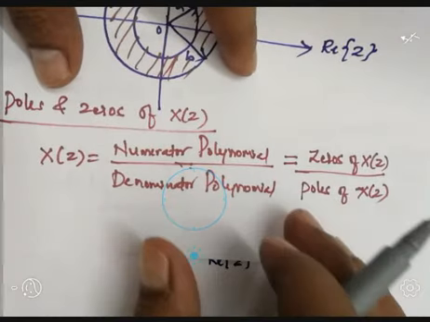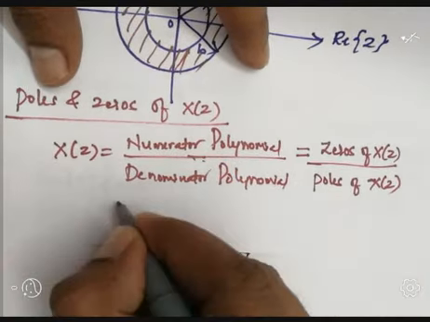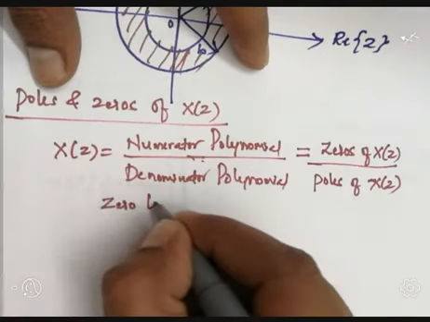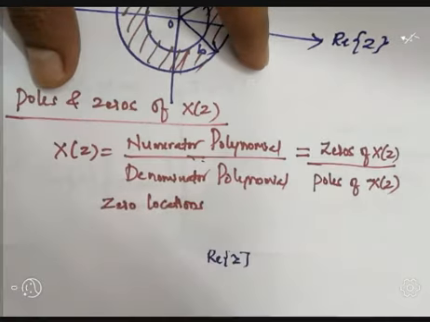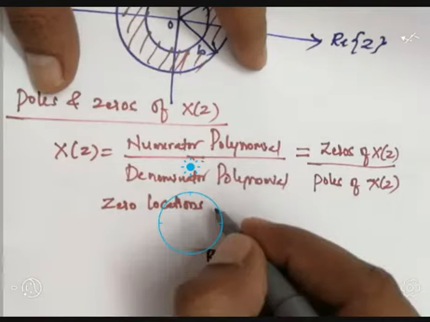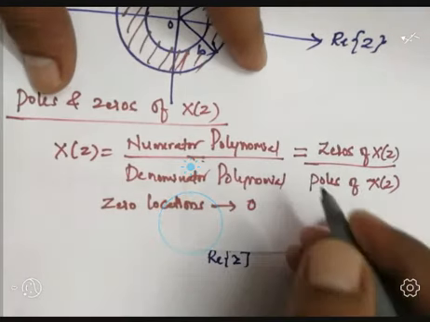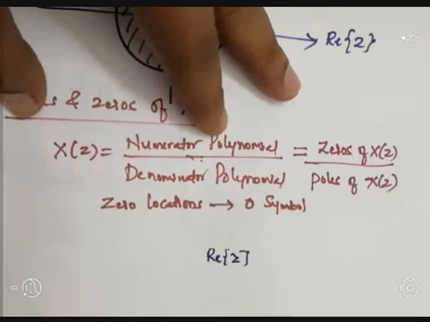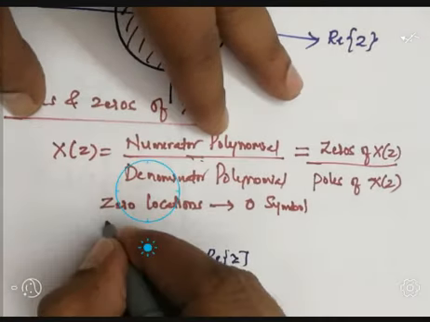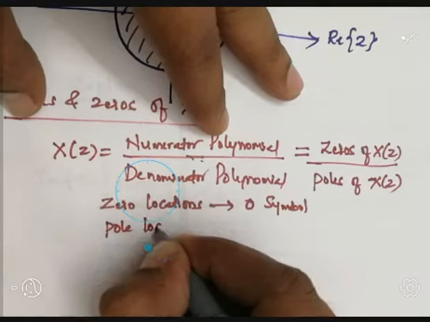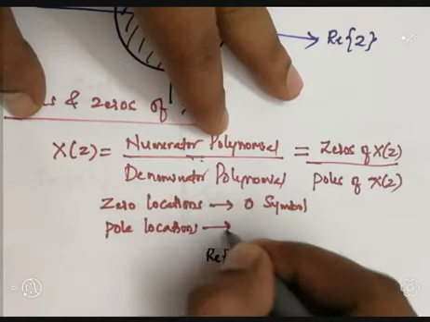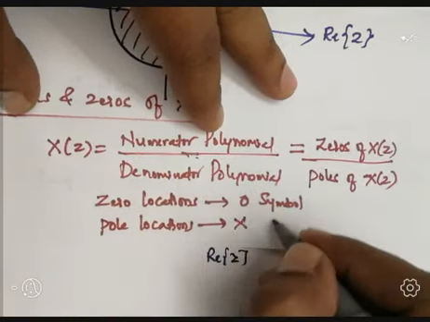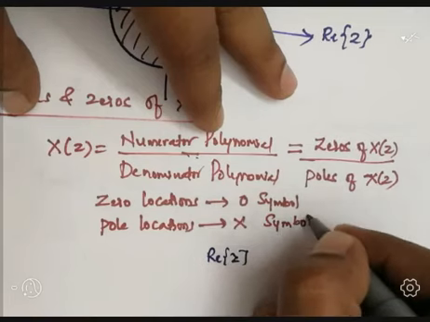Zero locations are denoted by the zero symbol, and pole locations are denoted by the x symbol on the z plane.